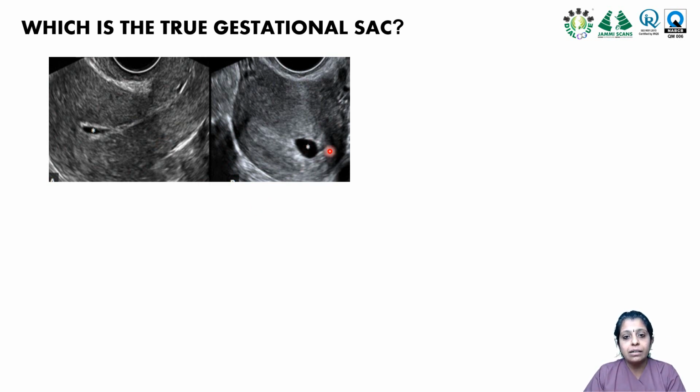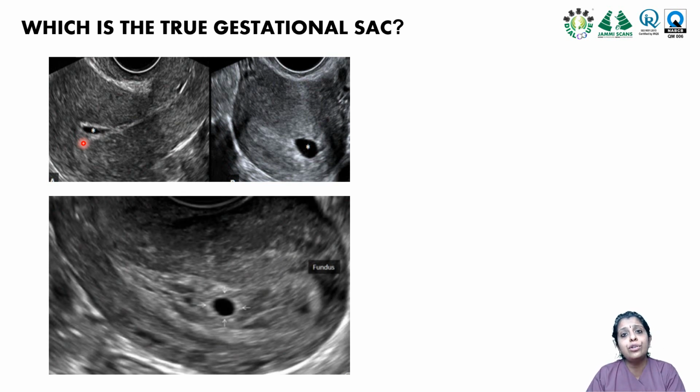So if you can see here, this sac is pretty irregular, and when compared to this sac which is slightly elongated, what is called the pseudo gestational sac, where you don't find a good amount of decidual reaction, whereas this sac over here doesn't seem to be a good oval shaped or circular gestational sac when you compare to this sac, where you can see a good round elliptical or nice well rounded circular structure surrounded by a good amount of echogenicity, which is a decidual reaction located right in the middle of the cavity. So this is supposed to be a true sac when compared to the other two above.